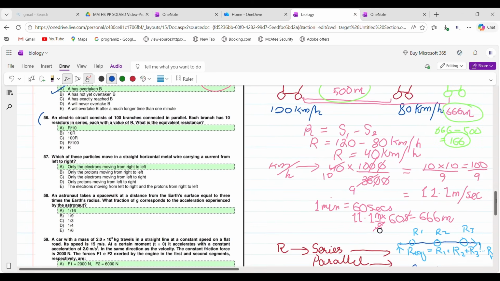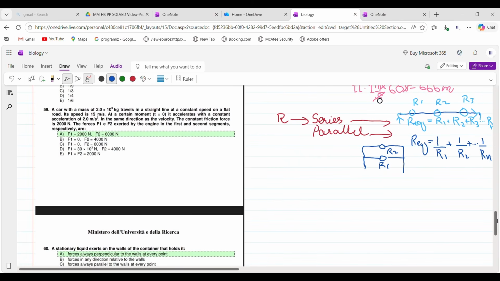Okay. So what are they asking us to do? Basically, they are saying they have 100 branches, which means 100 resistors, and each has the value of 10. So this question is now very easy for us. Each has the value of 10, which means here I have 10, here I have 10, and this would continue until the 100th one, because they have 100 branches.